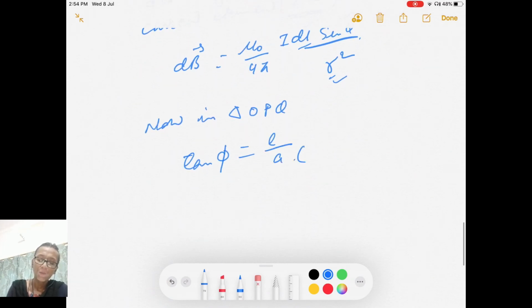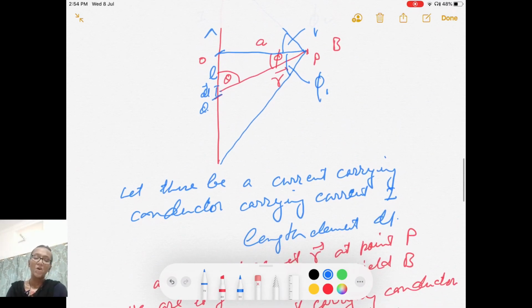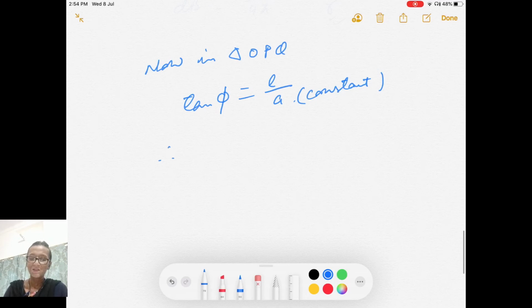L upon a, this base is a constant, because for the taken point P, the distance A is not going to change. Therefore L is equal to A tan phi.